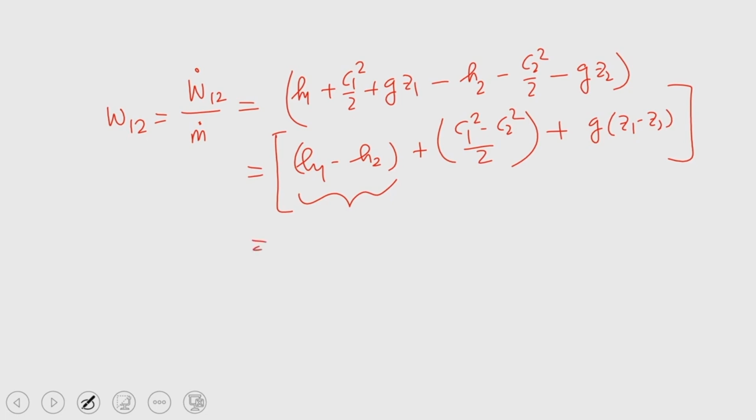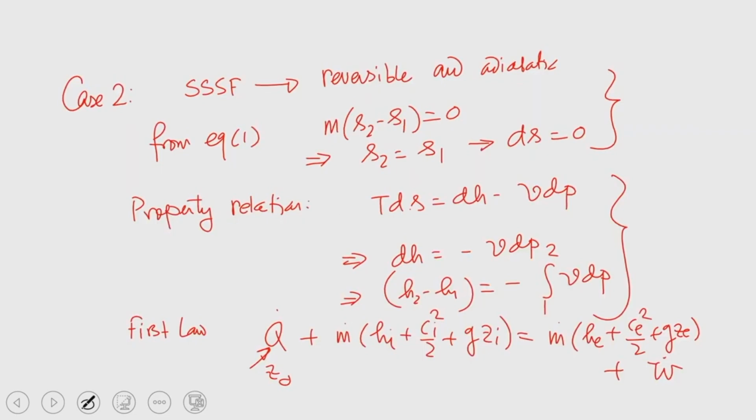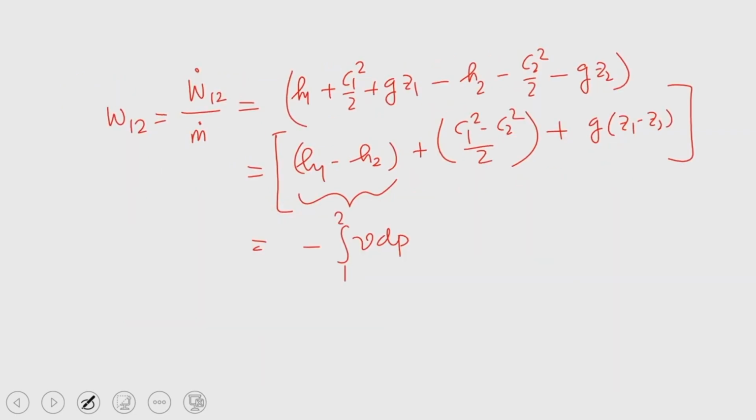That is nothing but minus integral 1 to 2 VdP, which we got from the property relation. So that is plus (C1 square minus C2 square) by 2 plus g into (Z1 minus Z2). So this is W1 to 2.